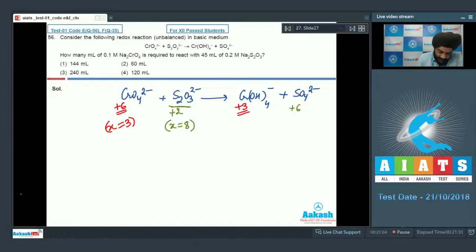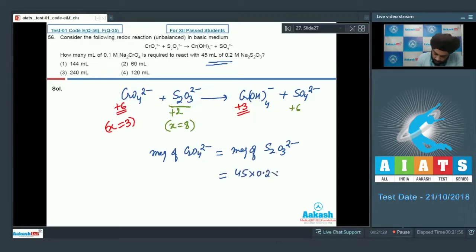So let us now try and apply the gram equivalent concept in this question. MEQ of CrO4 2 minus should be equal to MEQ of S2O3 2 minus. The information of Na2S2O3 is given to us. It is 45 into 0.2 into the N factor, which was equal to 8.